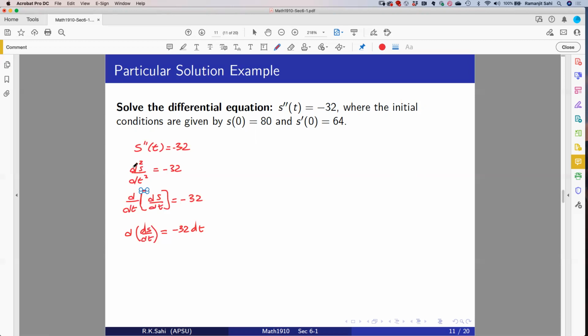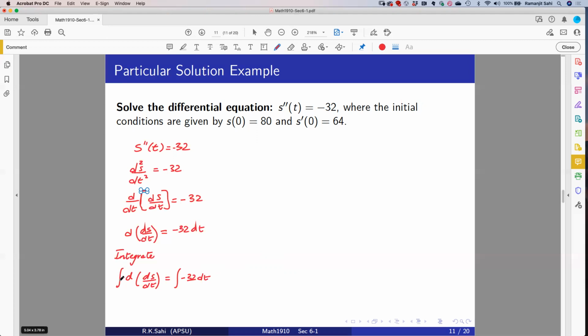So when I integrate the first time, what happens? We get the integral of d of ds over dt equals the integral of -32 dt.